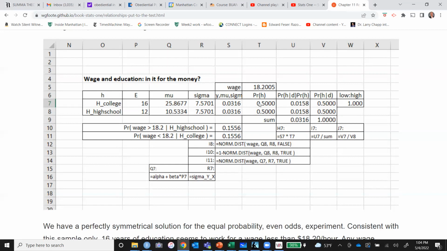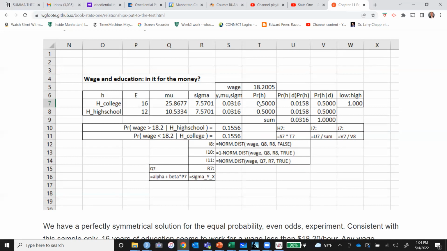It turns out that the odds are exactly the same. They both have the same sigma. And mu is equal to alpha plus beta times 16. The other one is alpha plus beta times 12, to get to 25 and 10. Those are dollars per hour.